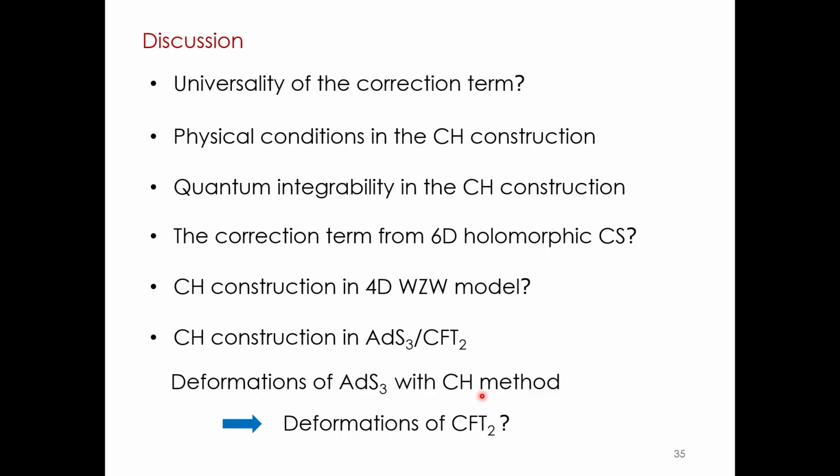Okay, so we got just a simple expression of the trace of the energy momentum tensor. But if we change the series from the three-dimensional principal chiral model to another series, the correction term may be a function of the trace of the energy momentum tensor, for example.